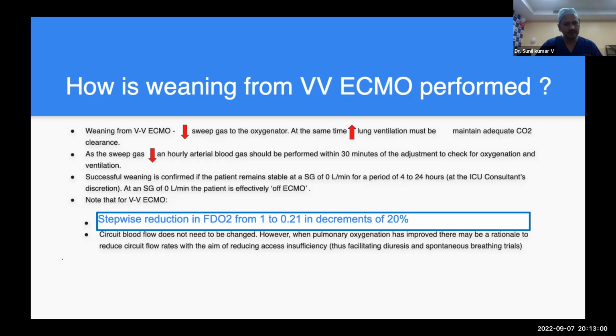And the circuit blood flow does not need to be changed. However, when pulmonary oxygenation has improved, there may be rationale to reduce the circuit flow rates, aiming to reduce access insufficiency, thus facilitating diuresis and spontaneous breathing trials.